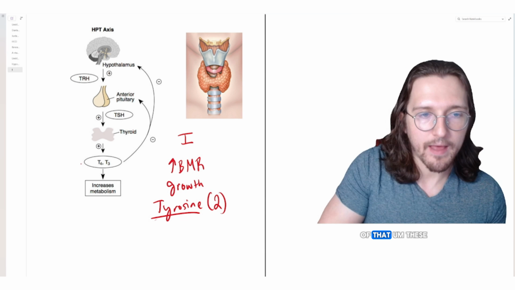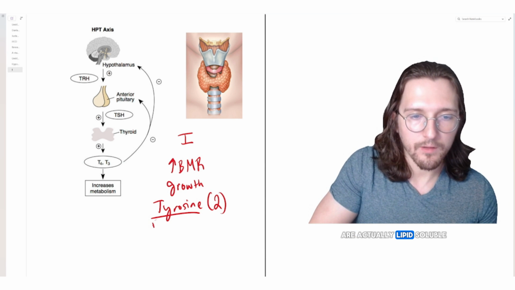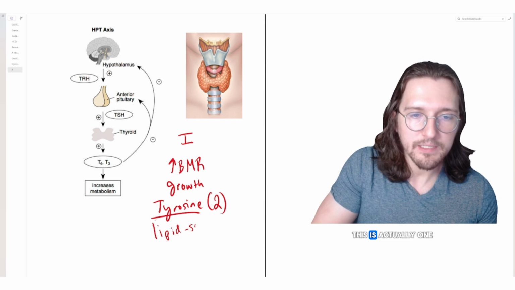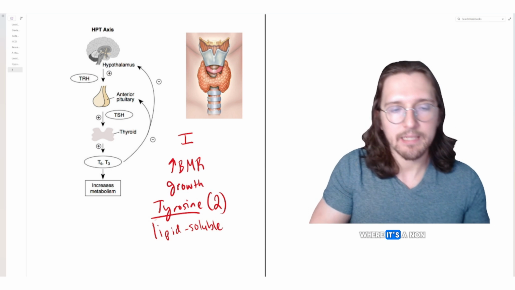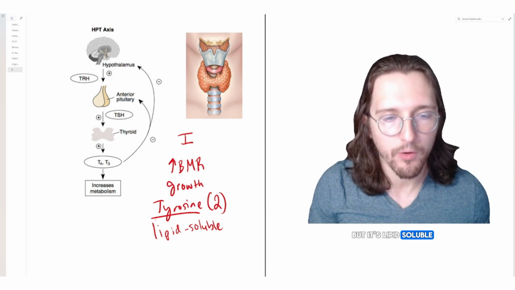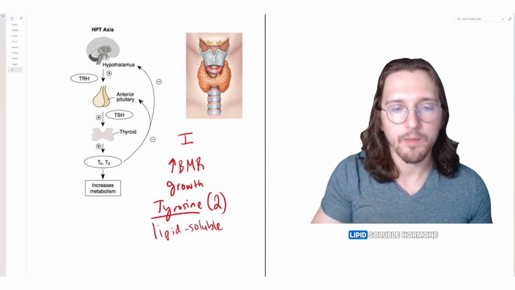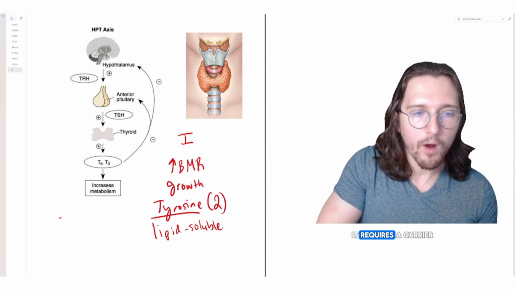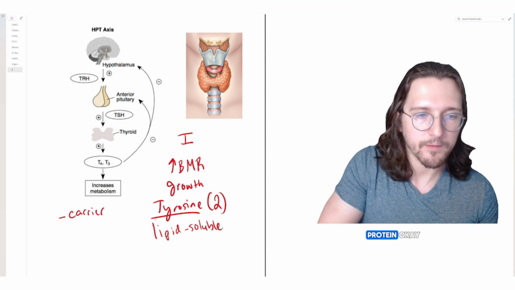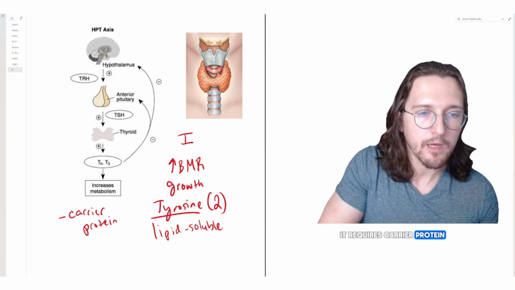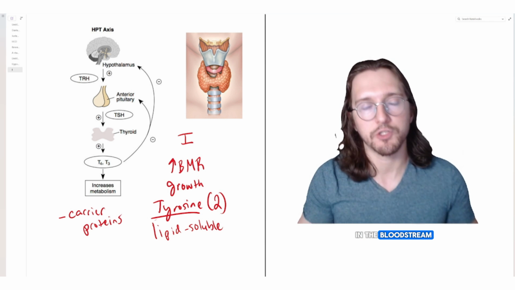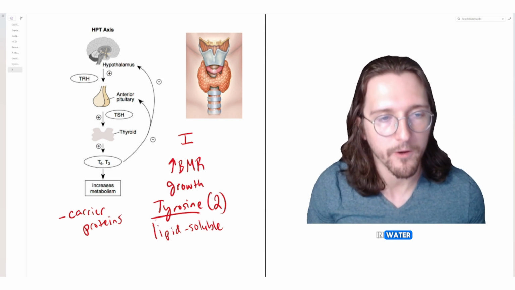Now, as a result of that, these are actually lipid-soluble. So this is one of those exceptions where it's a non-steroid hormone, but it's lipid soluble. And as we know, when we have a lipid soluble hormone, it requires carrier proteins to carry it in the bloodstream since it's not soluble in water.